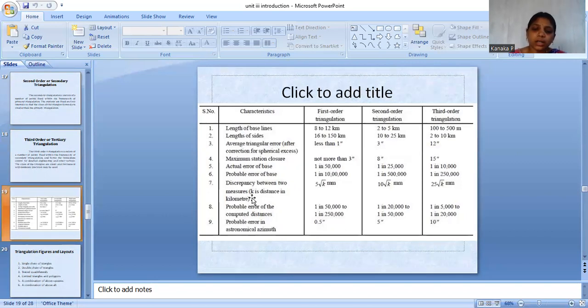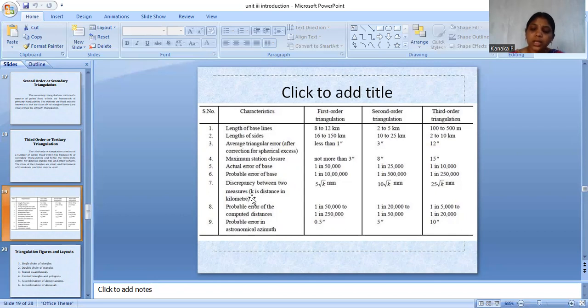So next one is what are the steps followed in triangulation survey. Triangulation work is carried out in various steps. Following are the steps generally followed. First one is reconnaissance. Second one is selection of the station and the baseline.